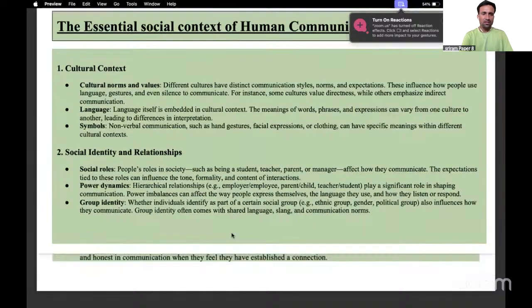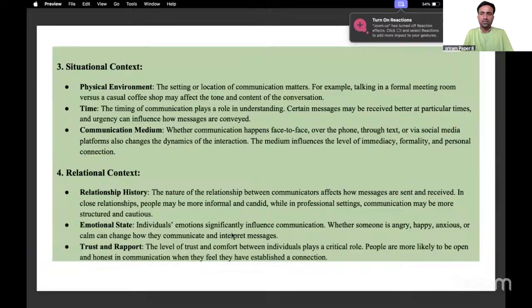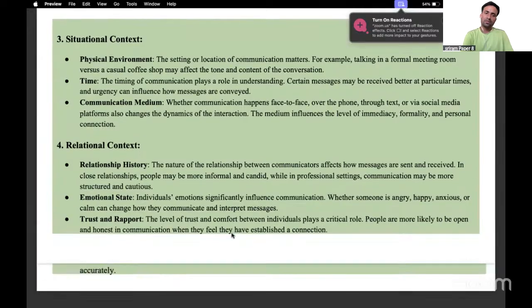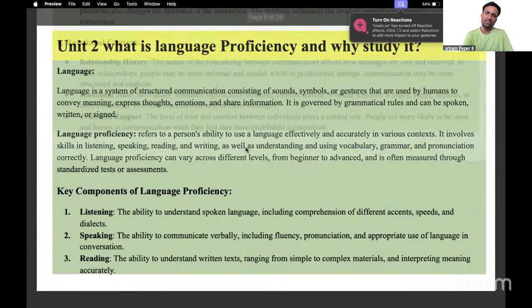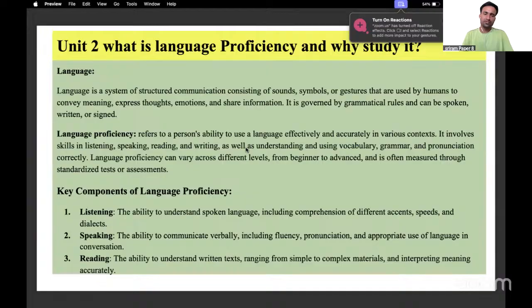And social context: physical environment, time, communication medium. No, no, no. This is actually relational context: relationship, history, emotional state, trust and rapport. That yesterday, each and everything, I mentioned.